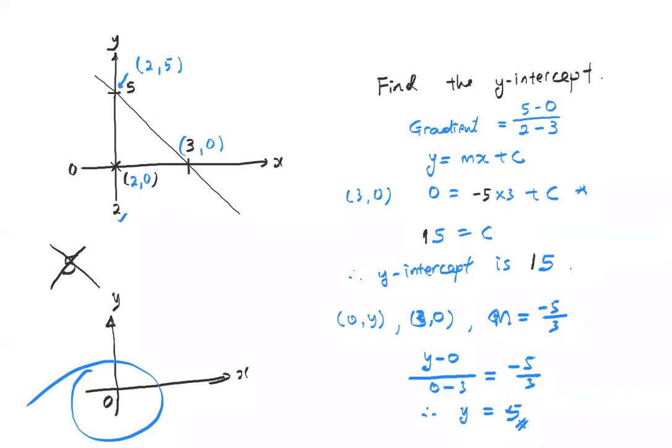Sorry for that, you see, I'm too quick. So the gradient, we use this method to find (y2 minus y1) over (x2 minus x1), so -5. So I do the changes, so it's 15. Okay, thank you.